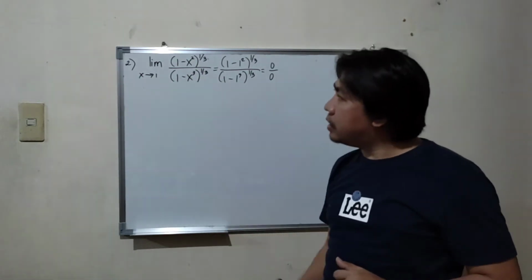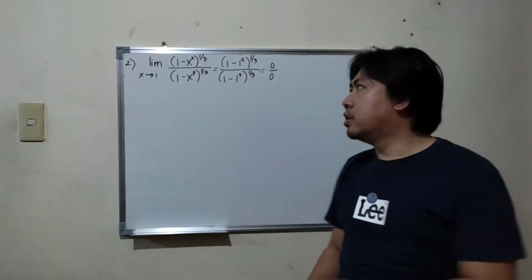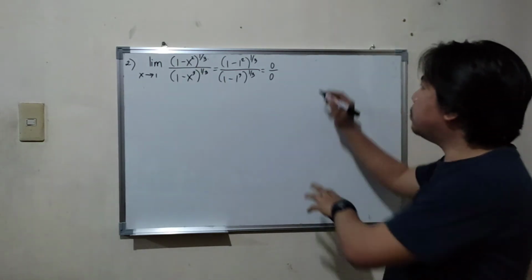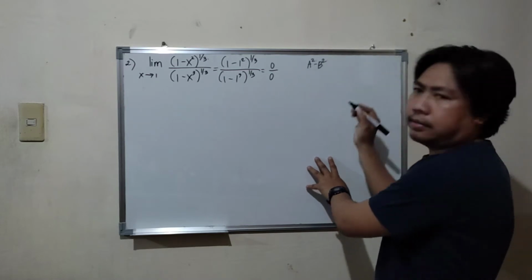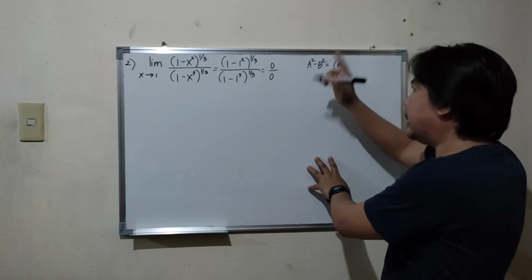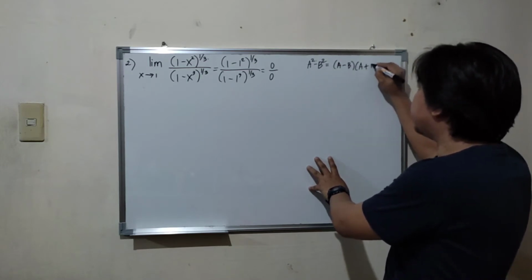If you notice, the numerator and denominator are both factorable. For the numerator, we have 1 minus x squared. It is in the form of a difference of two squares, a squared minus b squared, so we have a minus b times a plus b.